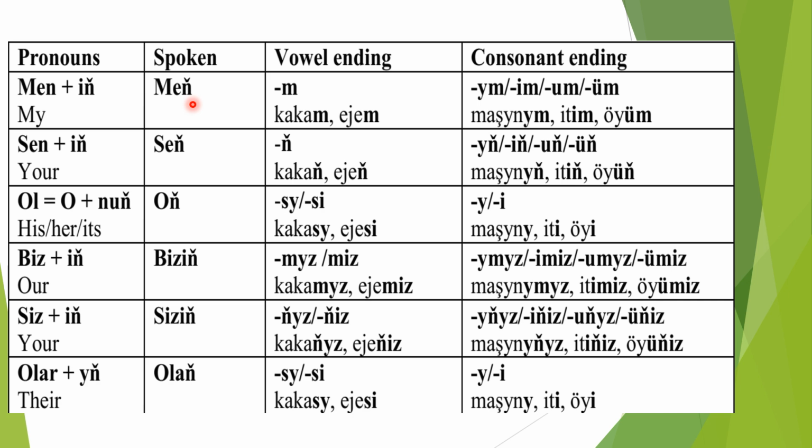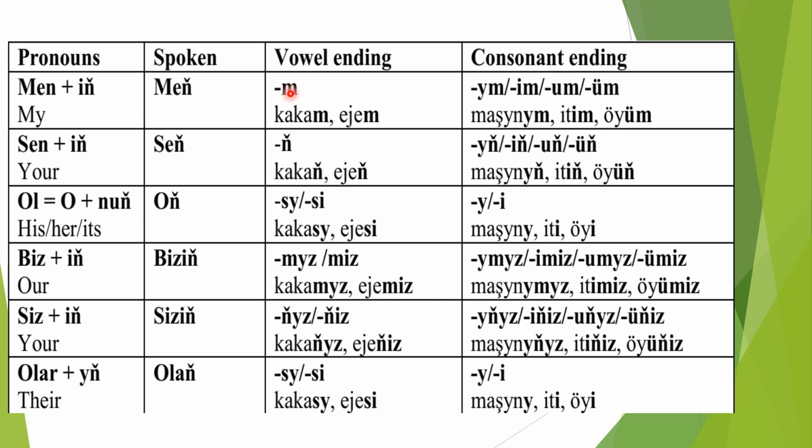When words and sentences are shorter, we don't like speaking with long words or long sentences. So, as in every language, Turkmen is not an exception. We make the words shorter. This is the spoken form of my, your, his, her, its, our, your, their.